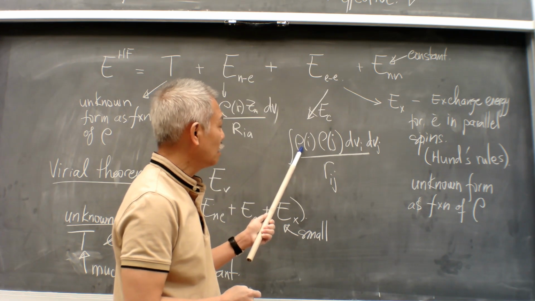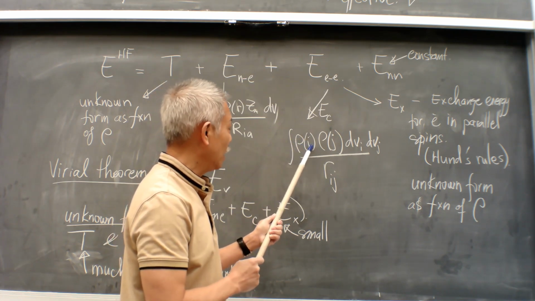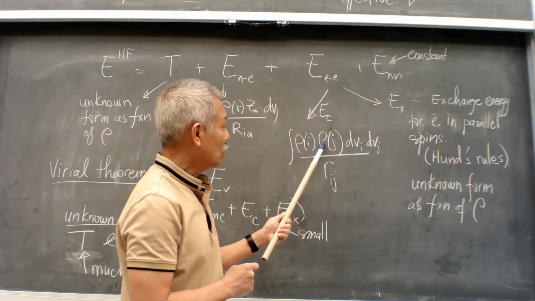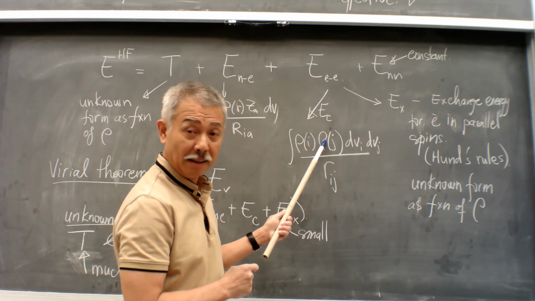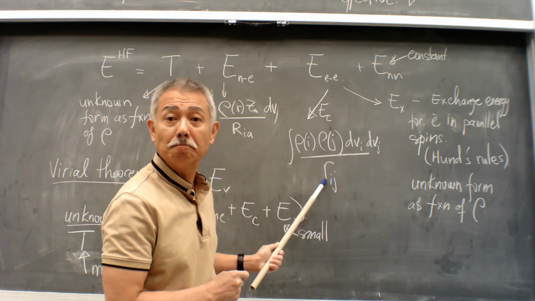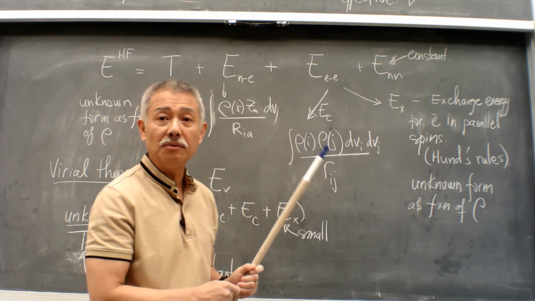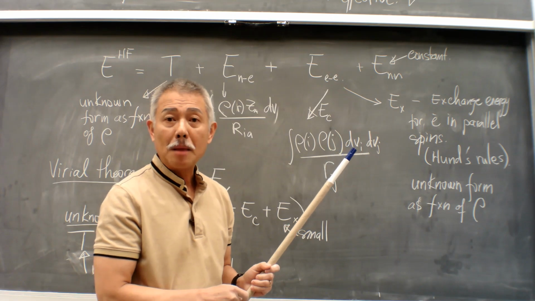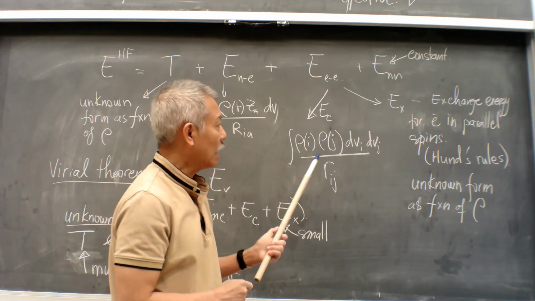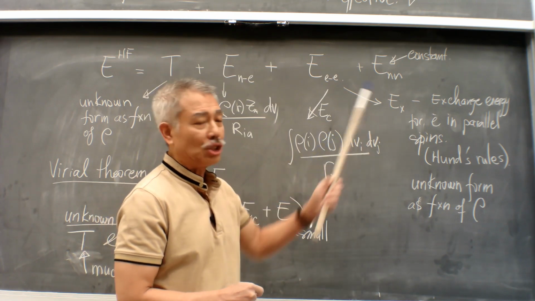It's just densities: the electron density in cube i times the electron density in cube j in space, divided by the distance between the two cubes, integrated over all space, dVi and dVj. That's the repulsion of two electrons. So yes, there is a classical term, and I can write it as a function of densities.